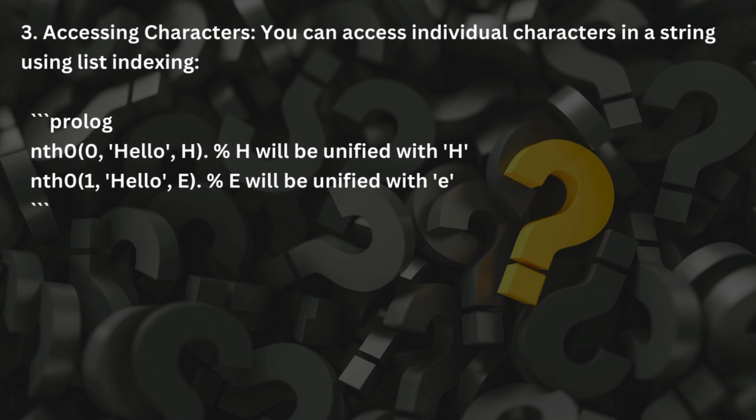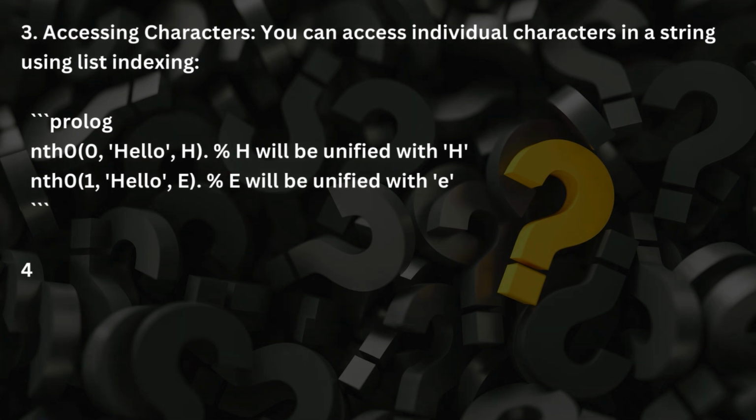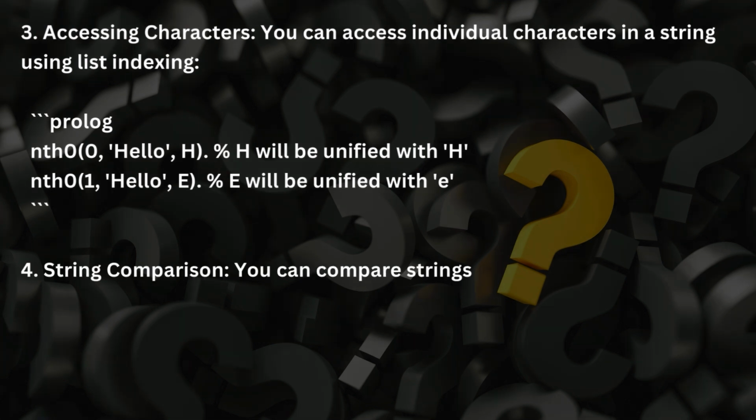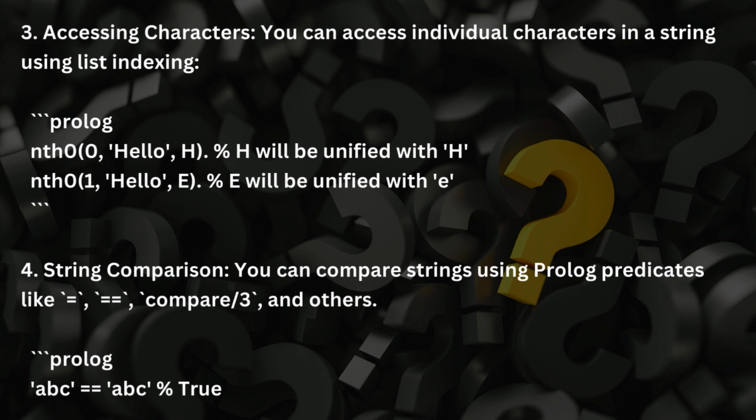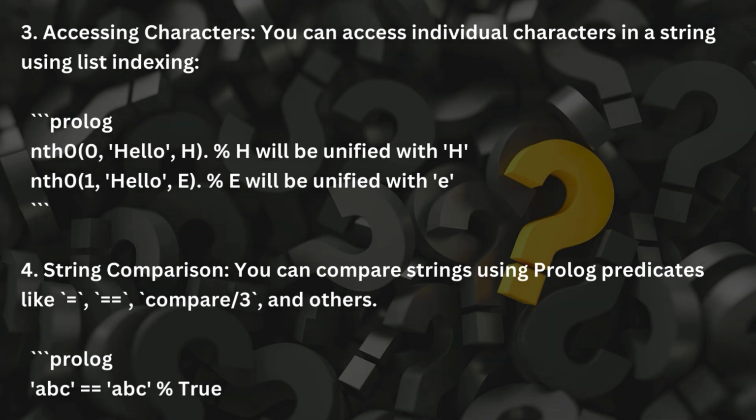Now, string comparison. You can compare strings using Prolog predicates like equal sign and double equal sign and compare/3 and others. In Prolog, how can you write it? 'abc' == 'abc'. Percent, true, that means both strings are the same.